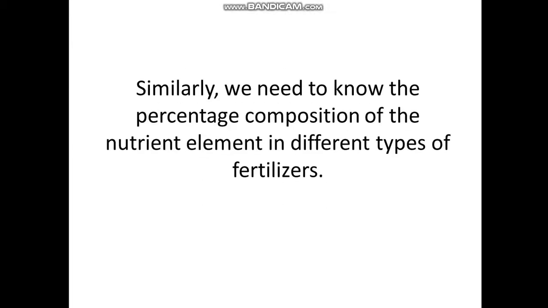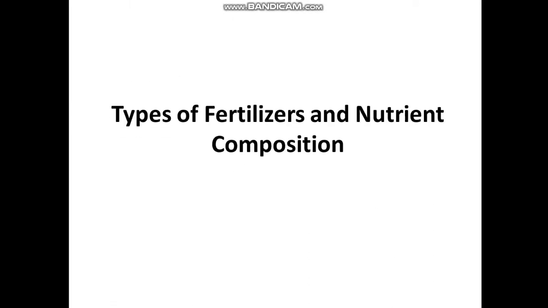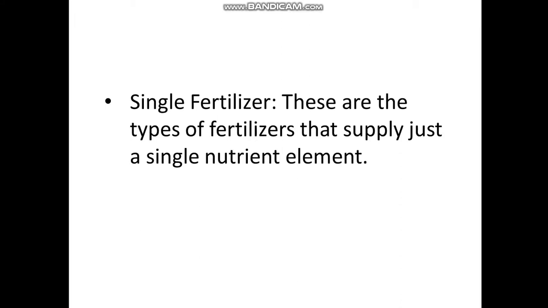Similarly, we need to know the percentage composition of nutrient element in different types of fertilizers. Let's show to you the types of fertilizers and nutrient composition. 1 is the single fertilizer. These are the type of fertilizers that supply just a single nutrient element.